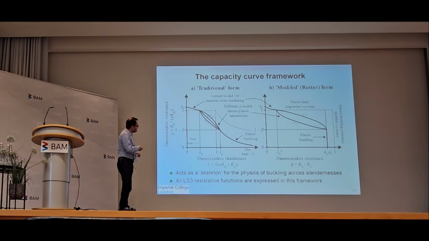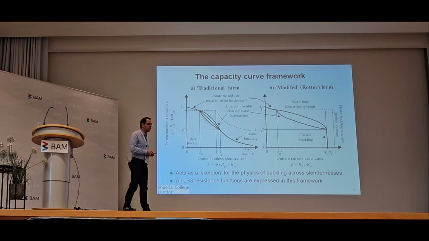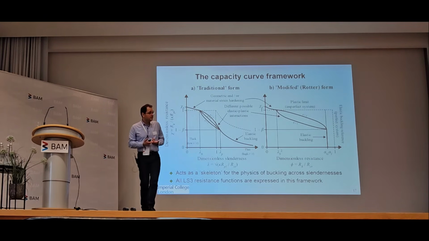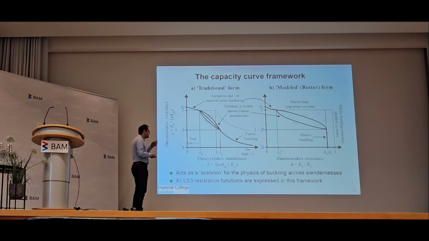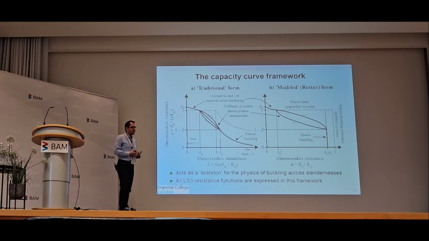And it identifies three regions. You can be in the high slenderness region where buckling is expected to be entirely elastic. You can be in an intermediate slenderness region where buckling is elastic-plastic, and then you can be in the low slenderness, or the squat, stocky region where it isn't really buckling anymore, it's plastic collapse.